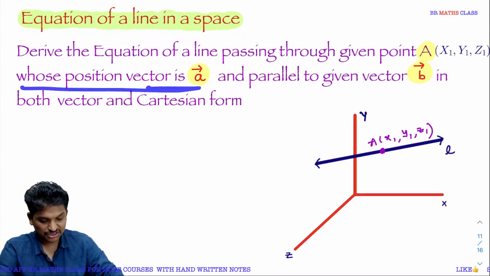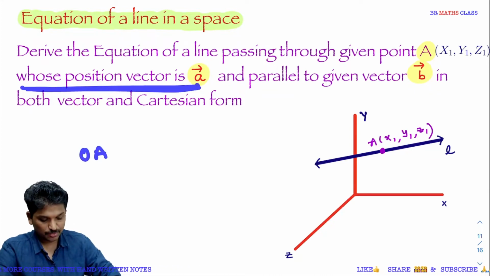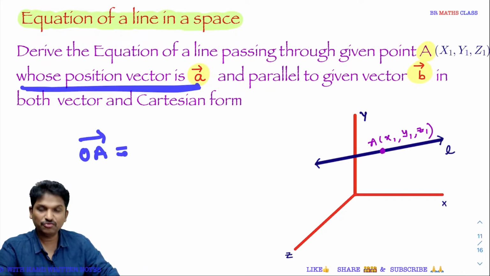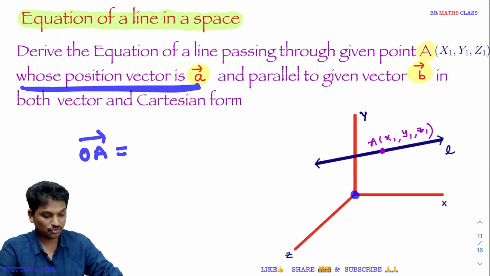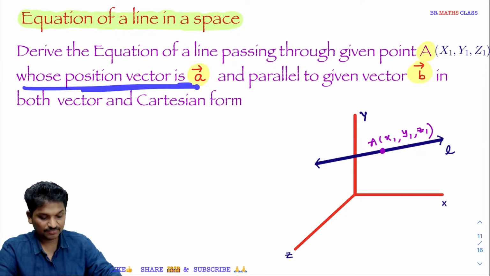What does it mean? Whose position vector is A bar means, if A is a point, then OA bar is called the position vector of point A. See, O is the origin here. OA bar is called the position vector of point A. OA bar equals A bar.